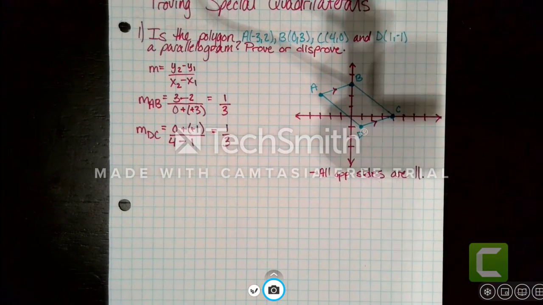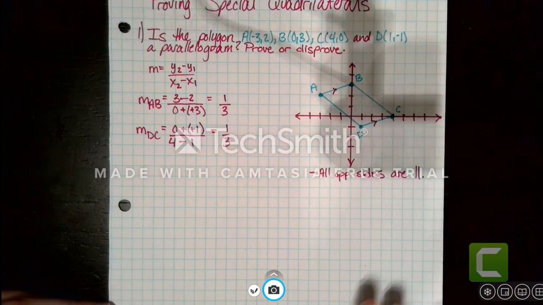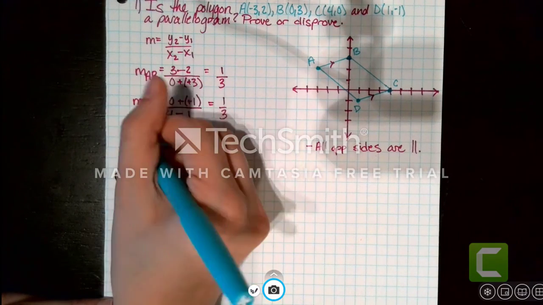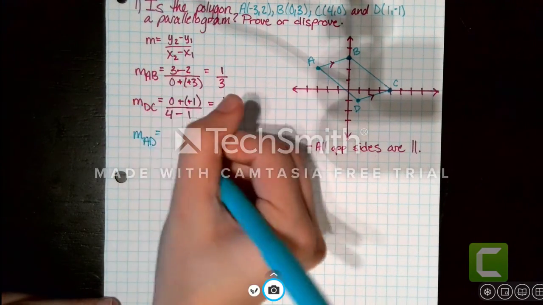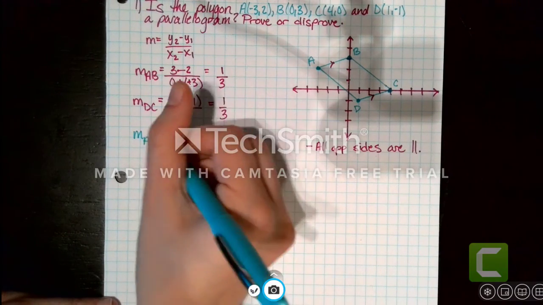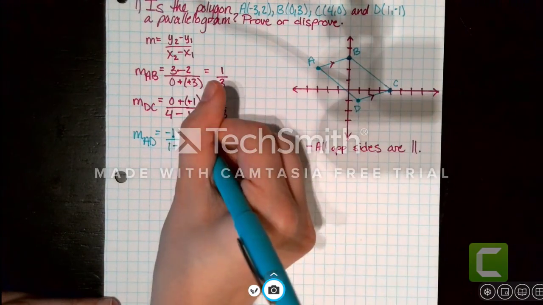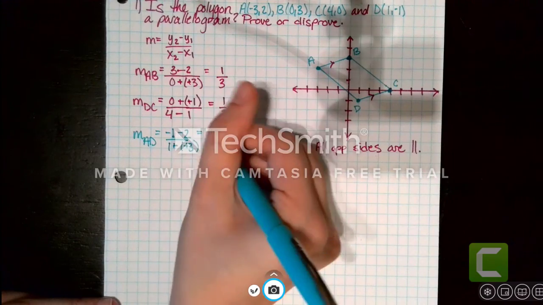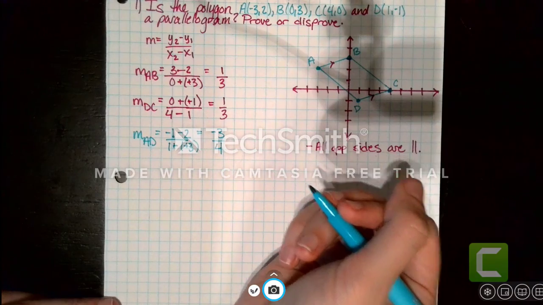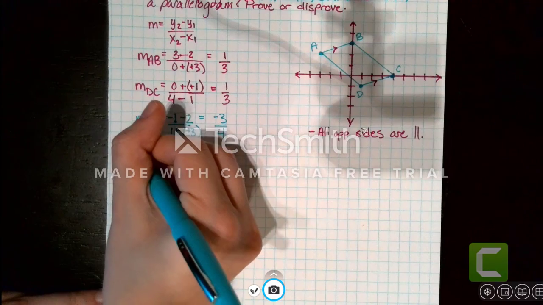Next, we need to prove that slopes AD and BC are also parallel. So again, we'll have the slope of AD be -1 minus 2 all over 1 minus -3. If I were to solve this algebraically, I would have -3 over 4. Repeat the same process for slope BC.